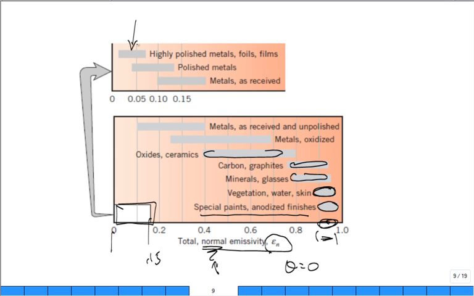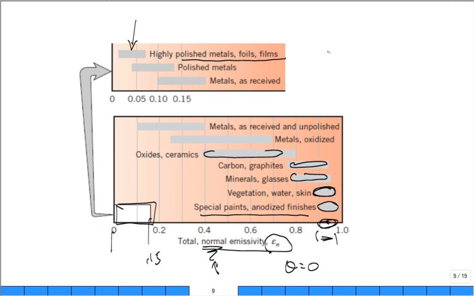What has some of the lowest emissivity values? Polished metals, foils, films. Where do you see any of that? Mirrors, yeah. You could just get a foil that you use in the kitchen, right? The aluminum foil.